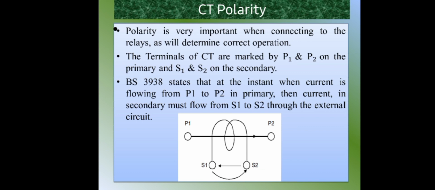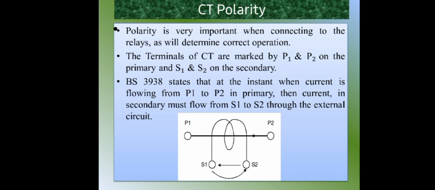This is a very important point while we are connecting the relay. According to the British standard, at the instant when current flows from P1 to P2 in the primary side, the current in the secondary must flow from S1 to S2.